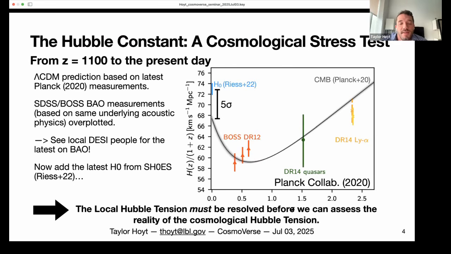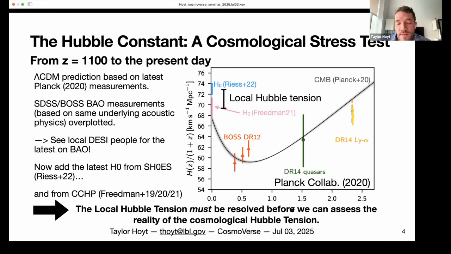And so if we add the Hubble constant measurement from SH0ES, we see what we define today to be the Hubble tension, which is this 5 sigma disagreement between the Cepheid-supernova measurement of the Hubble constant and the lambda CDM plus CMB prediction to today.